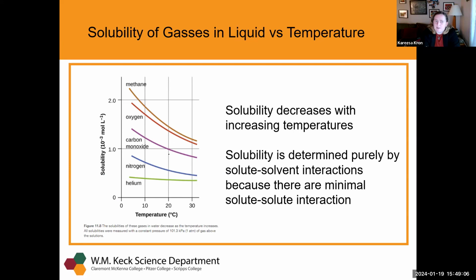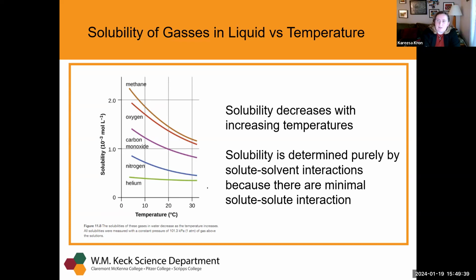And here, this decrease is partially governed by the fact that solubility for gases is purely determined by their ability to interact with solvents, because there's minimal solute-solute interaction before you try to dissolve that gas into the liquid. And so if you increase the temperature of your liquid, it's easier for those gas molecules to escape the liquid. So the solubility is decreased.